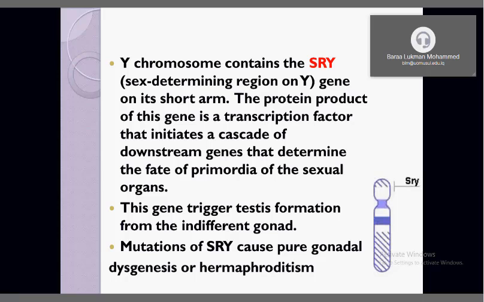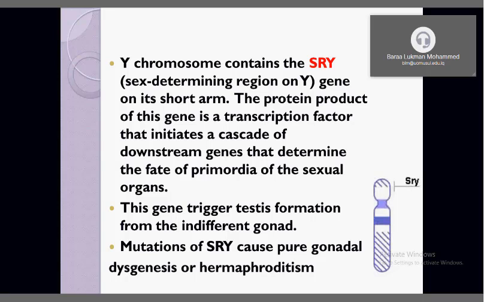In conclusion, this gene triggers testis formation from the indifferent gonad. And when it triggers the indifferent gonad to develop into a testis, it will produce two important substances that have more than one role in developing the genital and sexual organs of the embryo, which we will talk about in the next few slides.